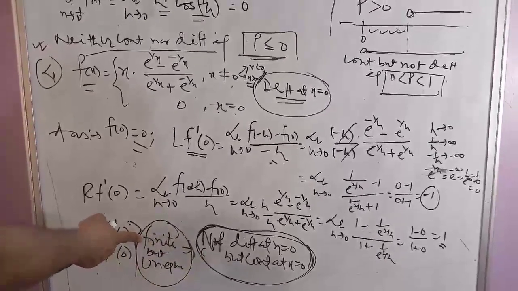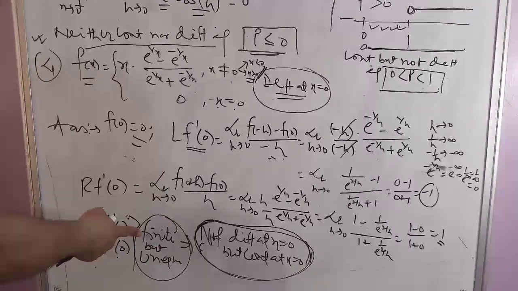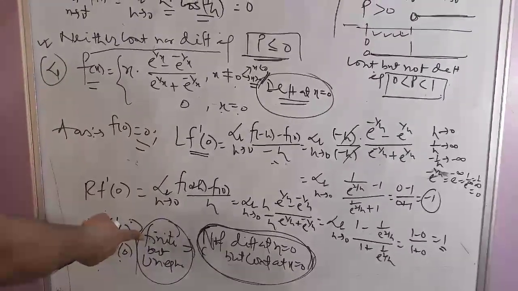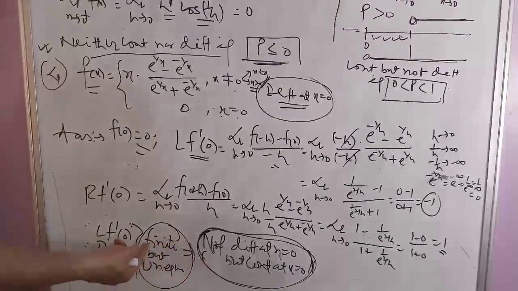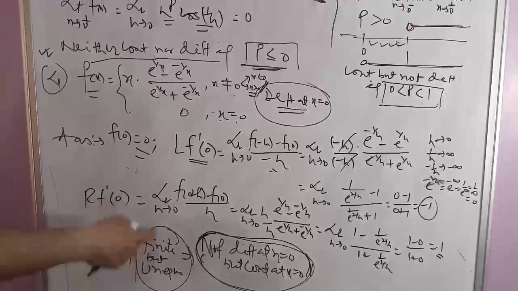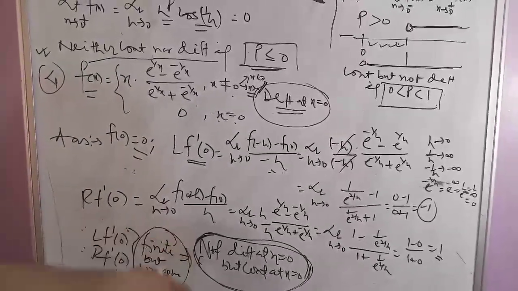Right hand derivative finite means the function is continuous from the right, left hand derivative finite means the function is continuous from the left of the point, so the function is continuous at that point. If any one of the two is infinite, in such a case we say that the function is not continuous at that point. Okay.